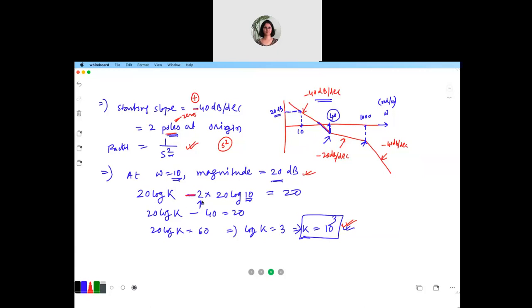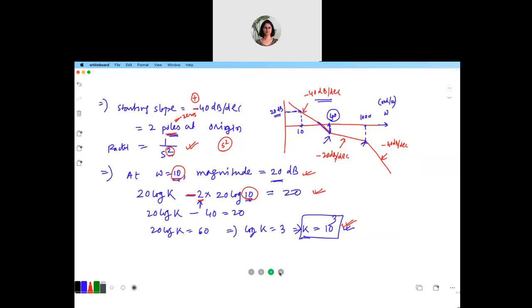Here it is 2, because the power of s is 2 as I have 2 poles. Then 20 log 10, because at omega equal to 10 you know the magnitude. So 20 log k minus 2 into 20 log 10 is equal to 20. From this equation, now calculate the value of k.